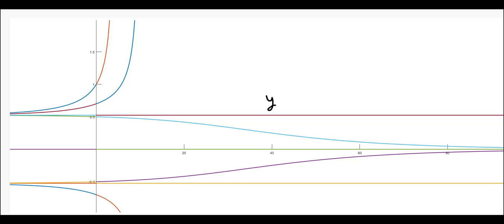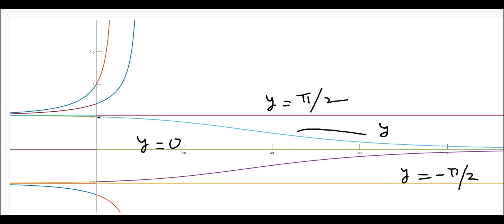Here you can see this is y equals pi over 2. This green line is y equals 0. And this line is y equals negative pi over 2. Then you can see here we have the graph for the initial condition corresponding to 0.5.